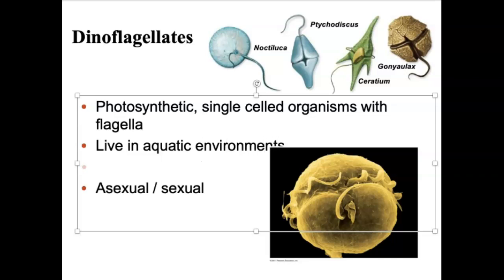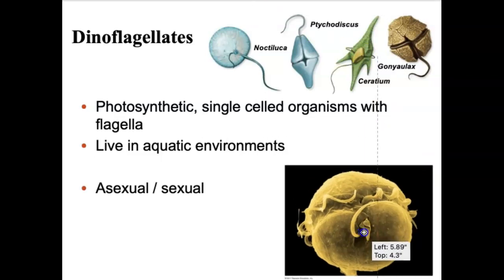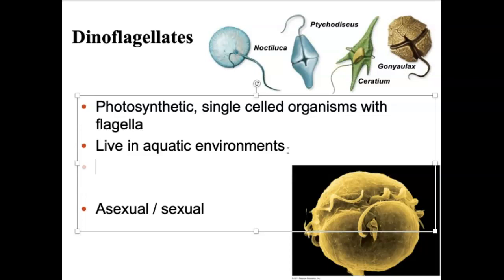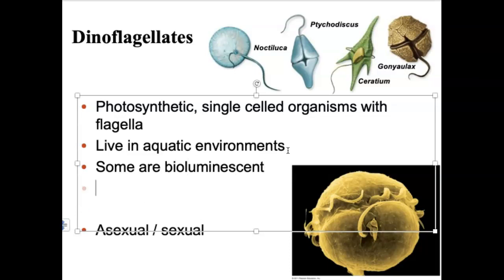They are going to be aquatic, so these guys will be found in aquatic environments, freshwater and saltwater. Some of them will be bioluminescent. They can glow, have different colors.